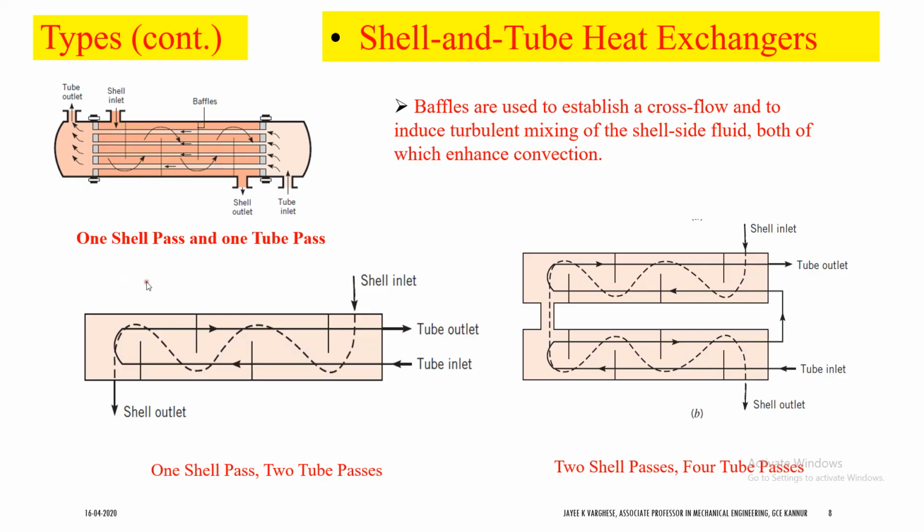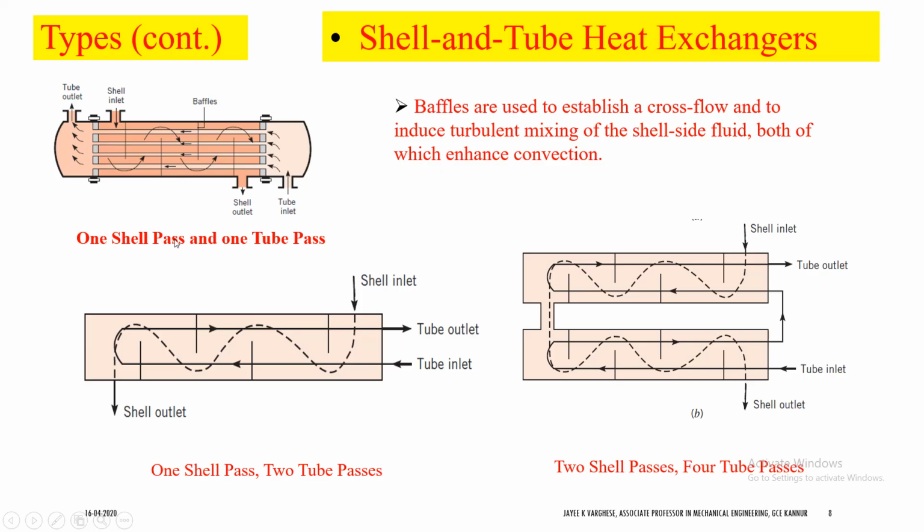The fluid which flows through the shell is called the shell fluid, and the fluid which flows through the tubes is called the tube fluid. It can be either the hot or cold fluid flowing through the shell, and the other will be flowing through the tubes.